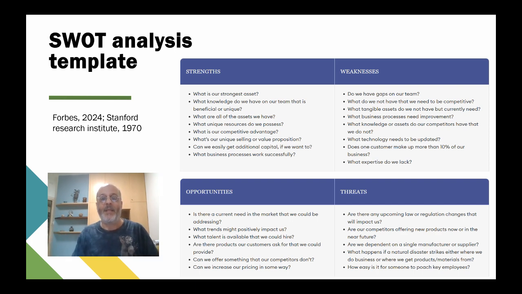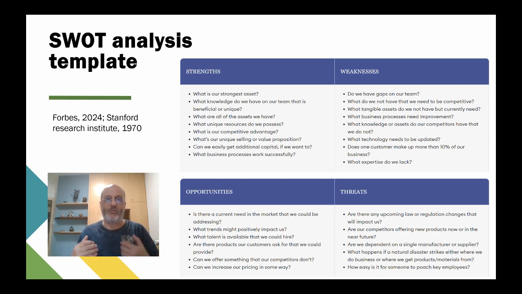Pay attention that strengths and opportunities are positive elements, weaknesses and threats are negative. Strengths and weaknesses are internal to the organization, and opportunities and threats are external, outside of the organization. So we cover all bases.